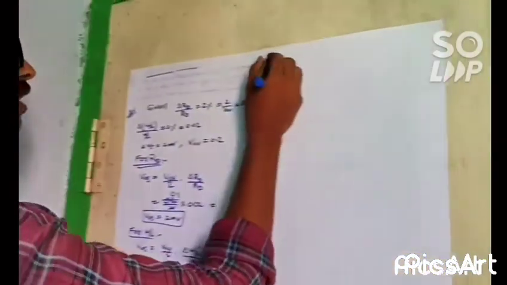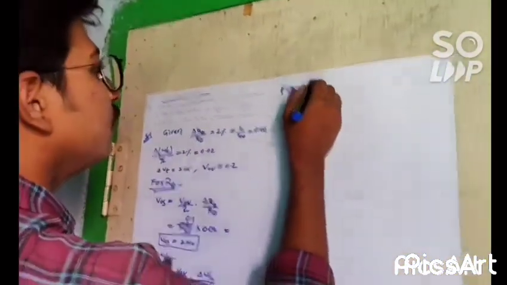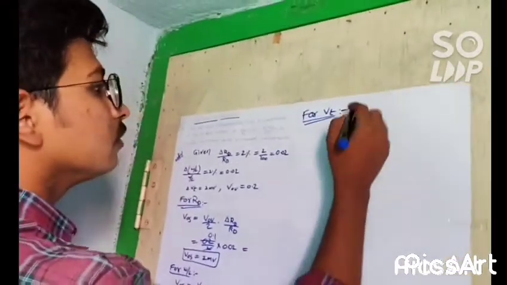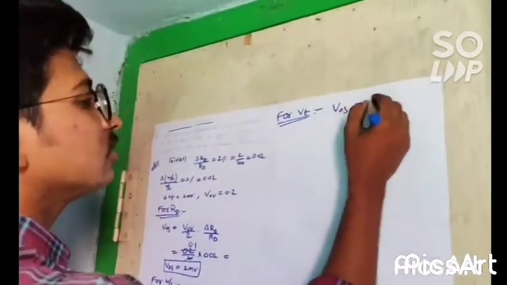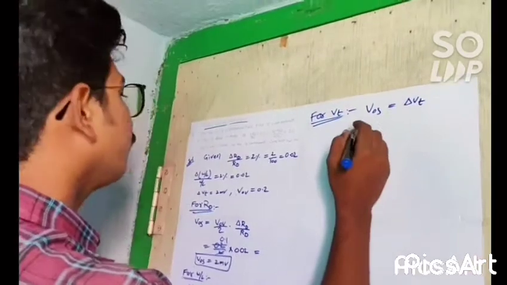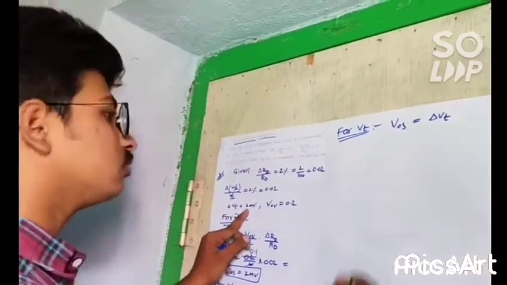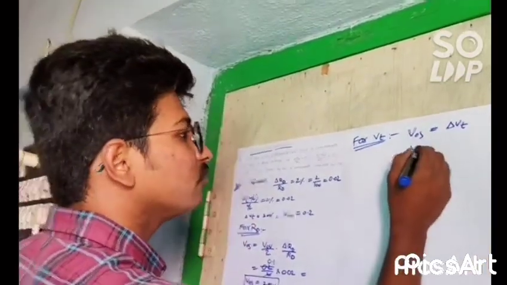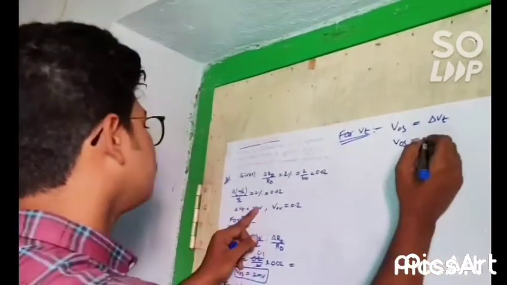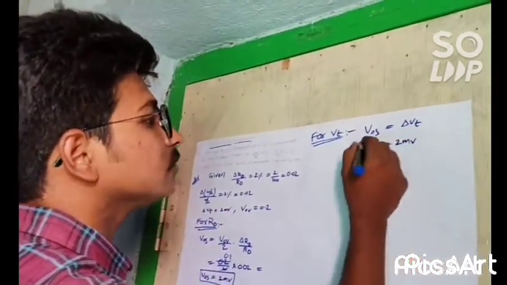Now for Vt, we know that VOS for VT is equal to delta VT. Therefore, given delta VT is 2 millivolts. Therefore, VOS is same as this, 2 millivolts.